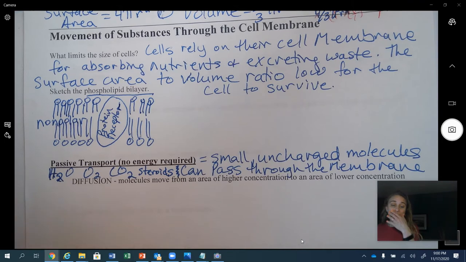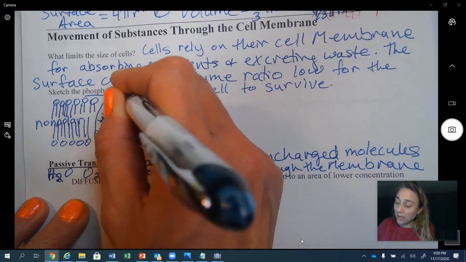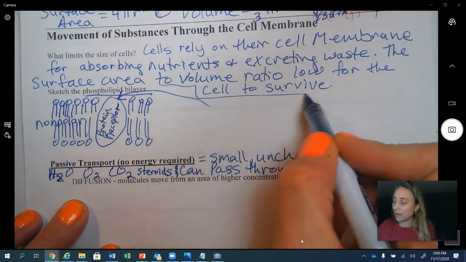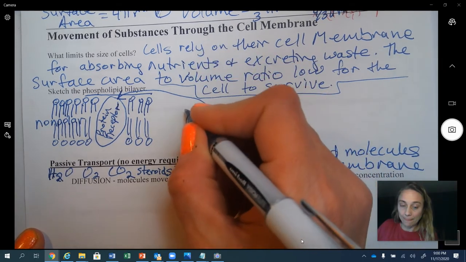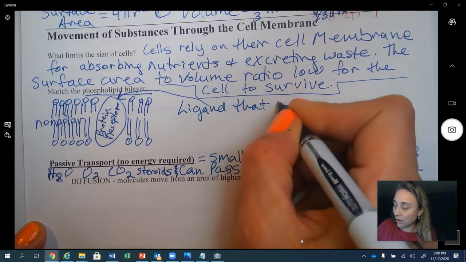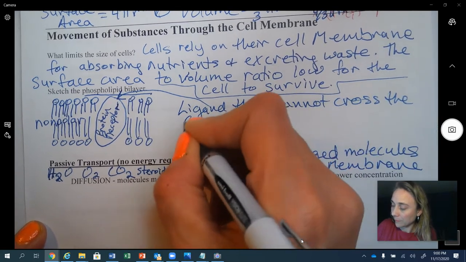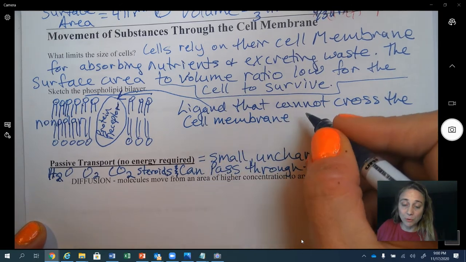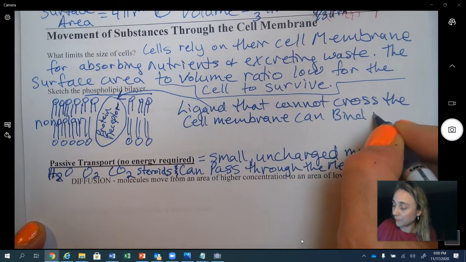And they've got a ligand that cannot cross the cell membrane, but it could bind to a protein that is designed for it. A ligand is just a fancy word for a molecule that's going to bind and do something, I guess. So a ligand that cannot cross the cell membrane can bind to a protein that's a receptor. It's made for it.